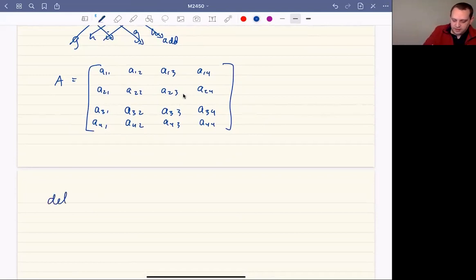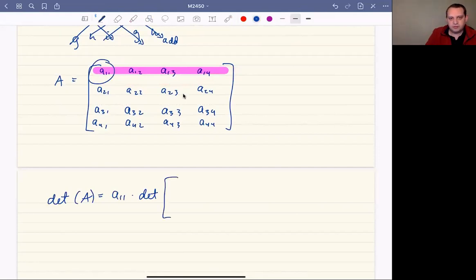The determinant of A, if we're expanding along the first row, we would look at the value A11, and then the determinant would be A11 times the determinant of the 3 by 3 submatrix that we would get. So that would be the matrix that we get by deleting this first row, first column.